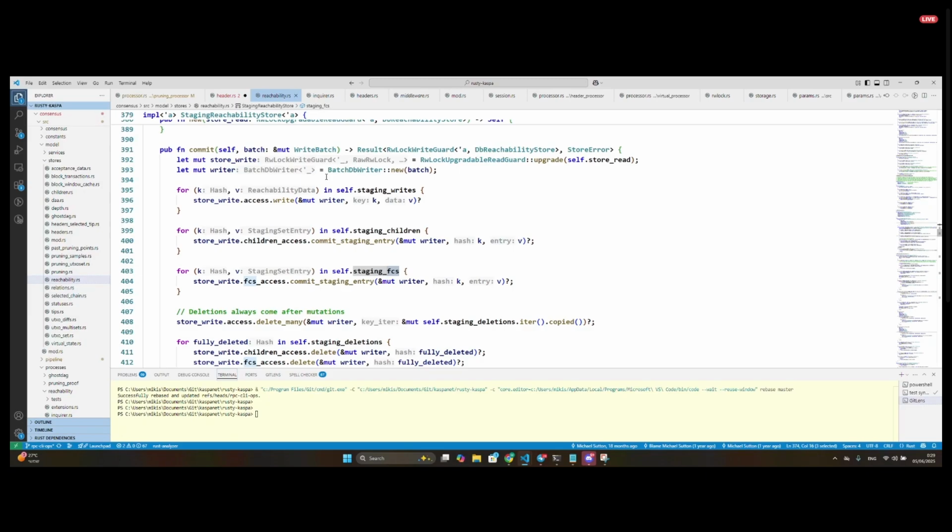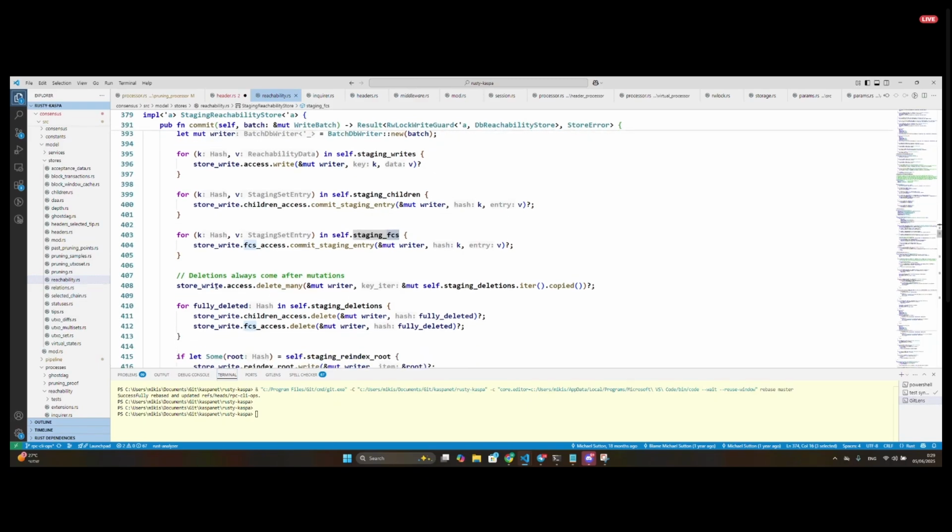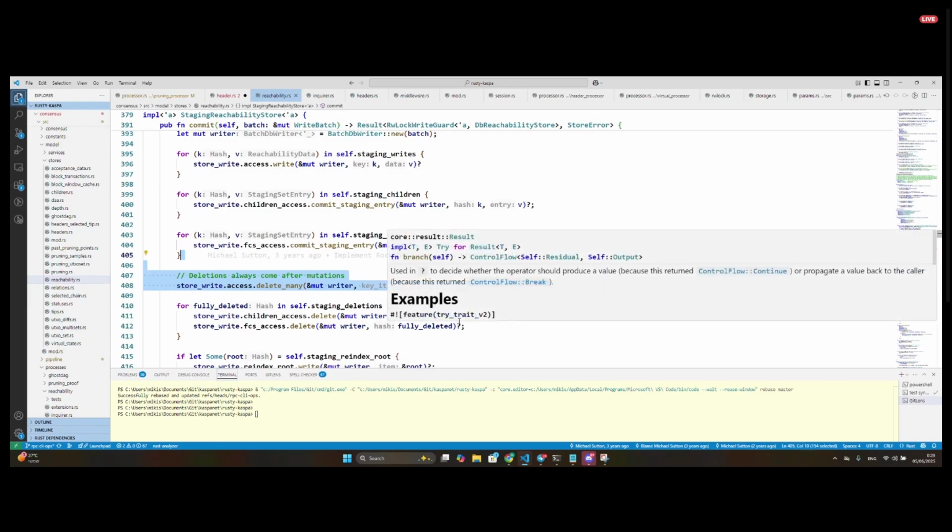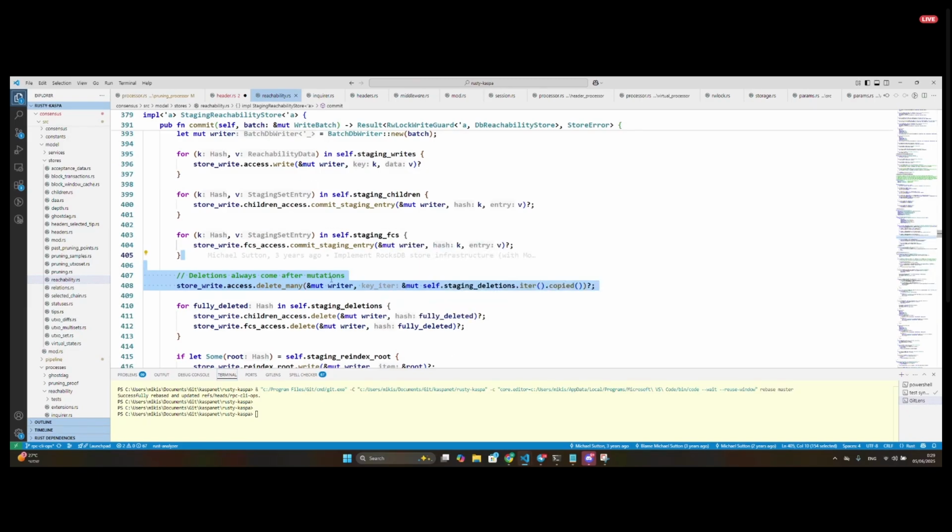And even if that's not the case, it was done very carefully, and when you commit, the order of how you apply the mutations is critical. So, for instance, you do deletions always after mutations. If there was a mutation and then a deletion, obviously the delete is going to be the winner in this sense. So the order in which we commit is critical.